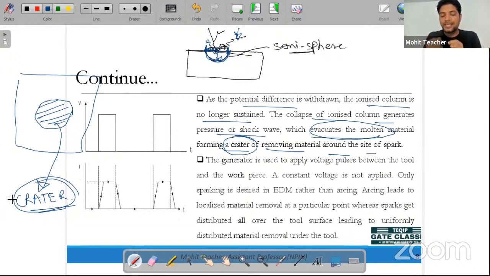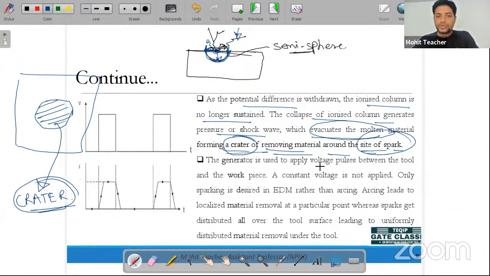They discovered the electric discharge at the cathode surface due to the erosion of craters. Erosion was clear yesterday, it means wear, wear in the form of craters. Now, this crater is molten material forming a crater, removing material around the site of the spark. Is it clear now?